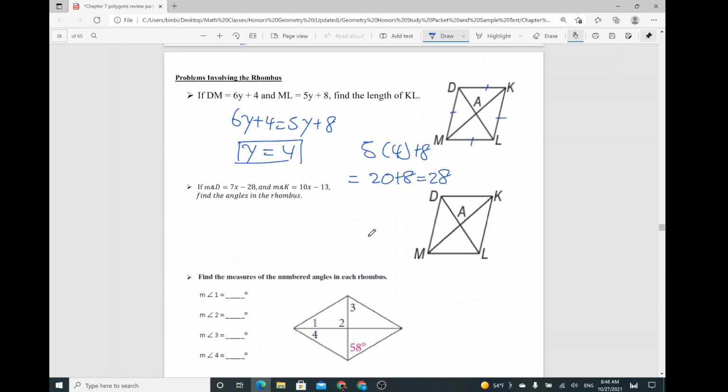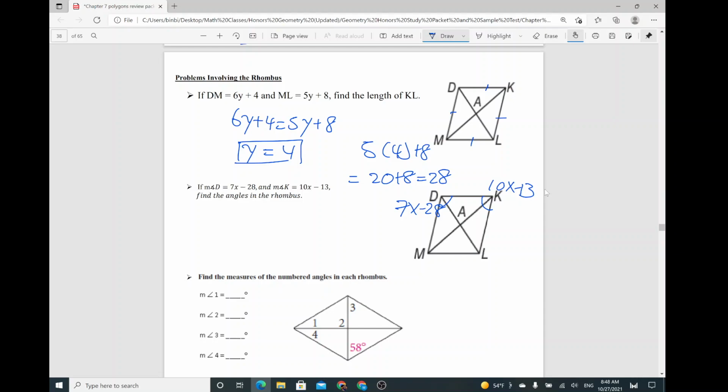And if the measure of angle D is 7x minus 28, and the measure of angle K is 10x minus 13, find the measure of angle D and the measure of angle K. So find the angle in a rhombus.